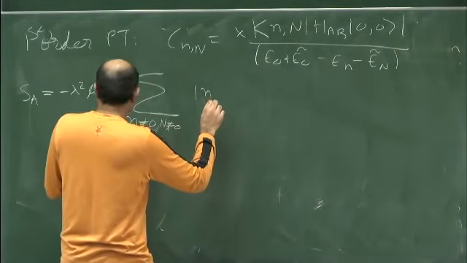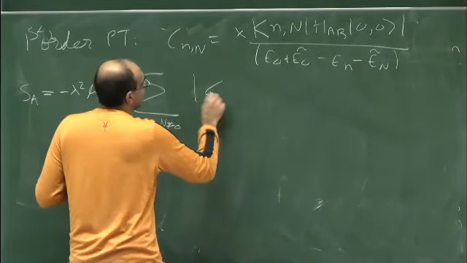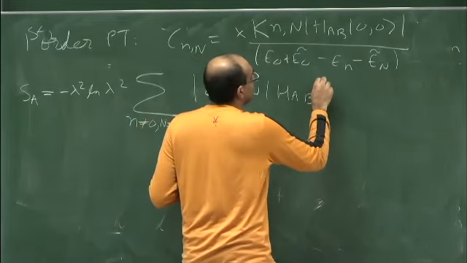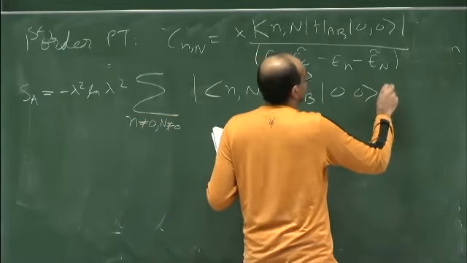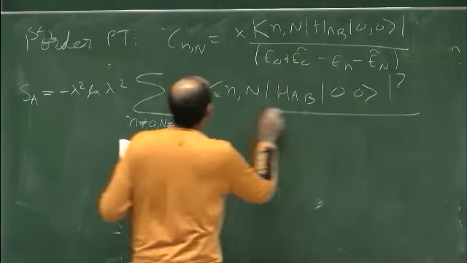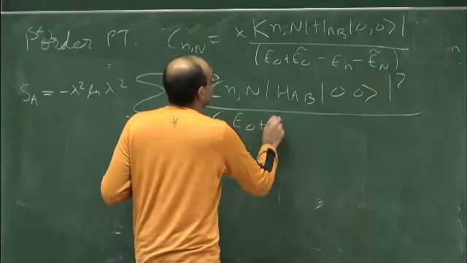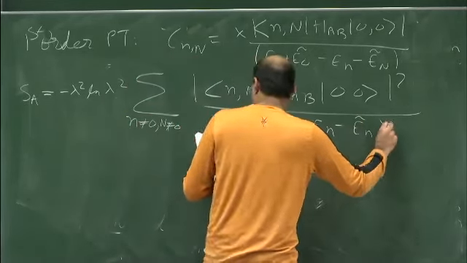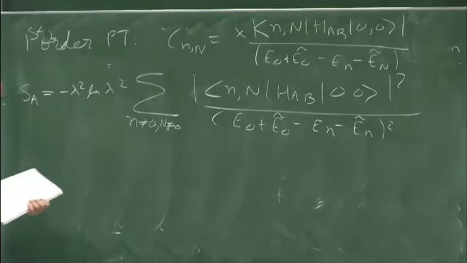But here it is. You have absolute value N, the interaction Hamiltonian, the ground state, squared, divided by the energy denominator E naught tilde minus En tilde, squared. Okay, so that's the answer.